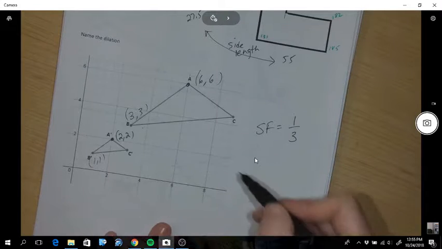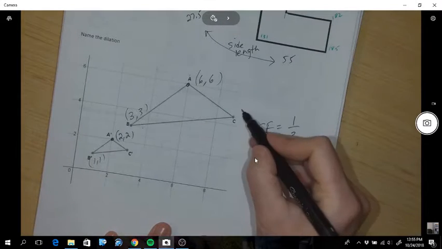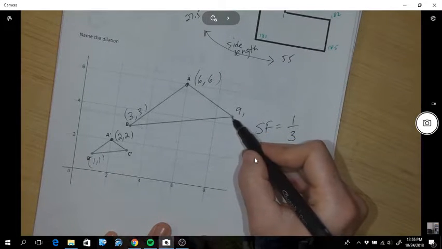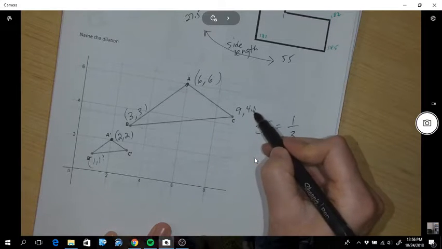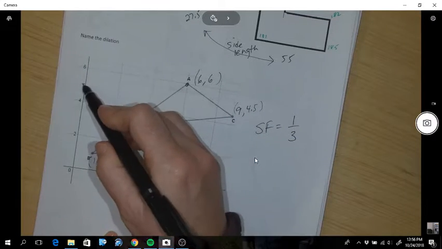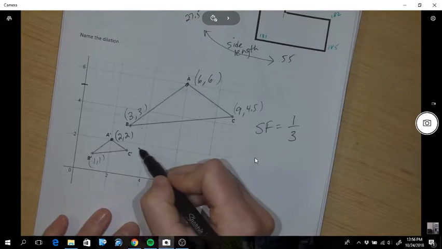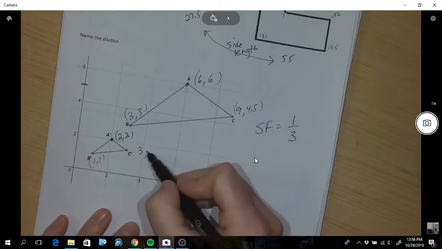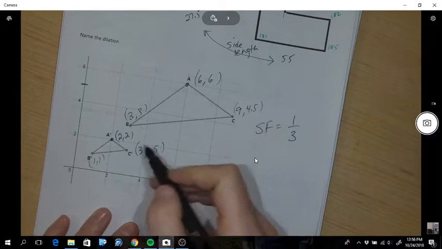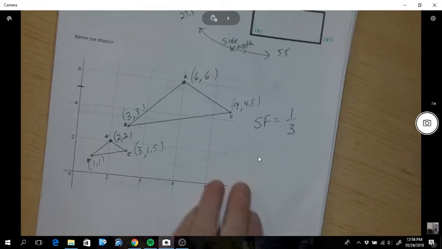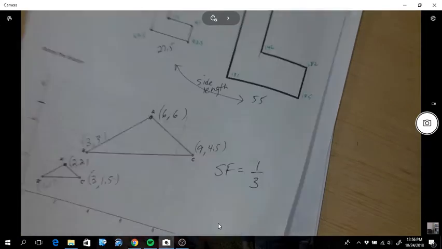That's 1/3 of the way. And this point is 9, 4.5. That's 5, right? And now we got 3, 1.5. So that's 1/3 of the way. Okay, your turn to practice.